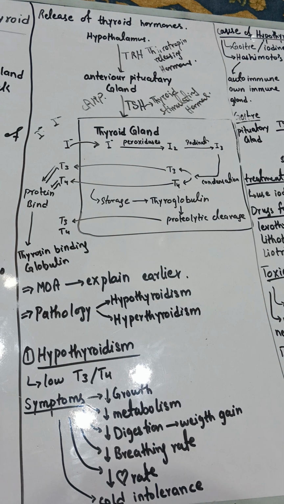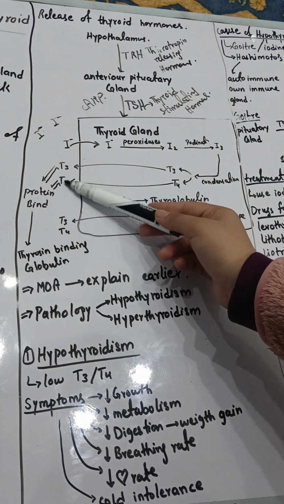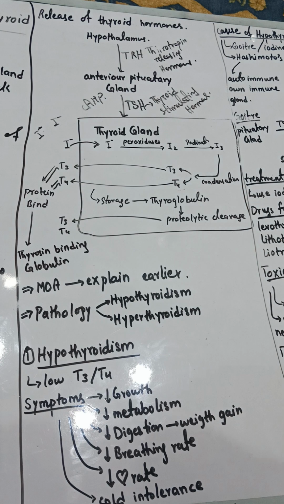This protein binds itself with the thyroid hormone and helps in transporting it to the particular location, allowing it to perform its specific function and keep your body balanced. The bond formed between this hormone and the protein is reversible.